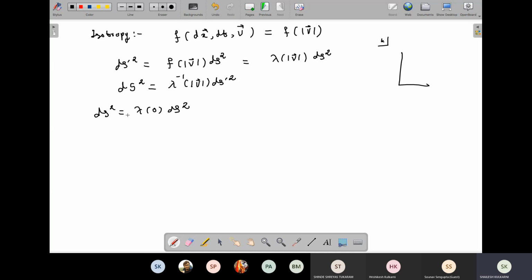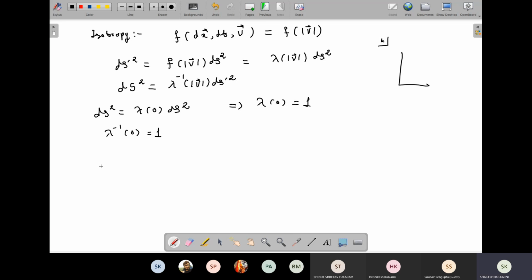That means it is identity, no change. I am not going to any other frame. I have one frame. That is given by this expression. Agree? So this tells us that lambda 0 must be equal to 1. Similarly, lambda inverse 0 must be equal to 1.